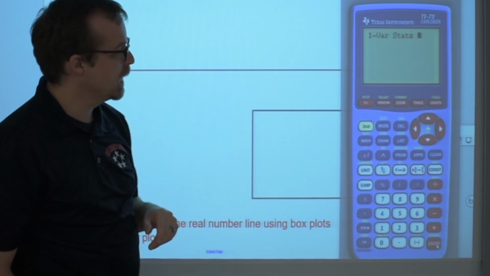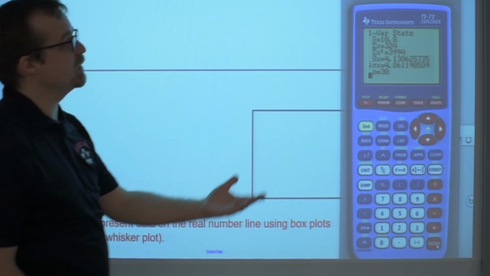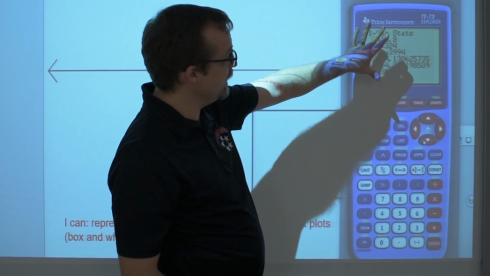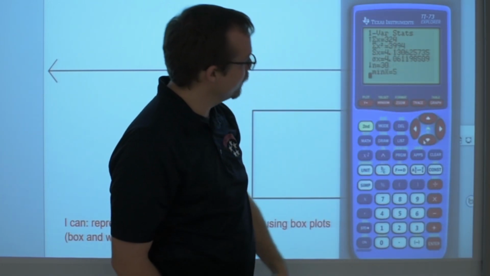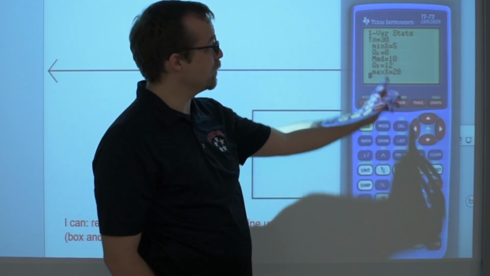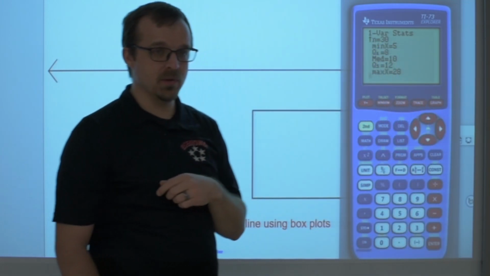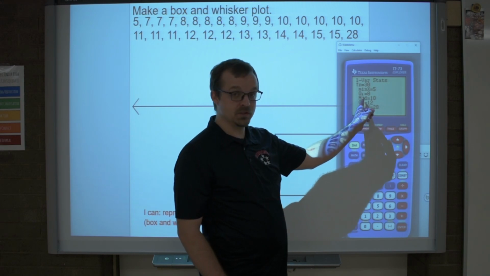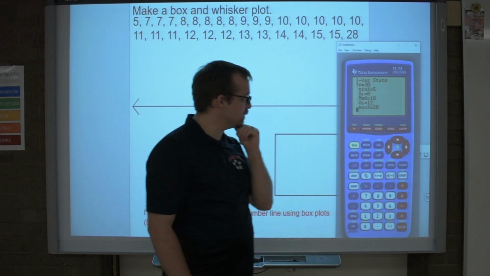Just hit enter and hit enter again so that it actually runs it. And we have all this cool stuff listed out for us that we're going to use later. But if we scroll down, we have everything we need. We're told n equals 30 is the number of data points we have. Then we have the minimum, Q1, the median, which is Q2, Q3, and the maximum here.